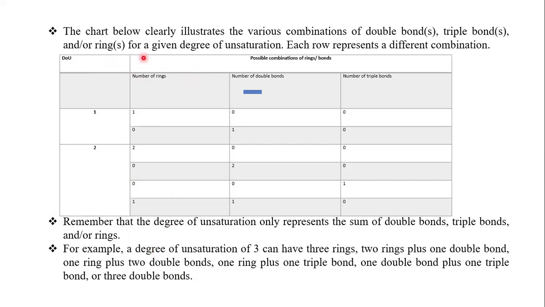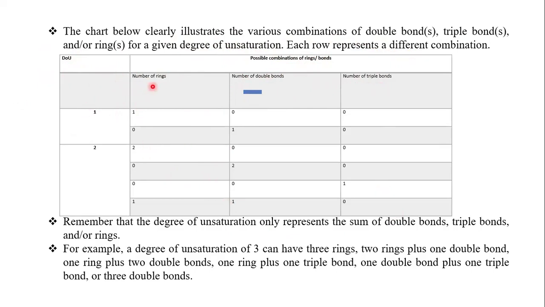The charts below clearly illustrate the various combinations of double bonds, triple bonds, and or rings for a given degree of unsaturation. Each row represents a different combination. For this table, we have DOU in this column, and then possible combinations of rings or bonds in this column.